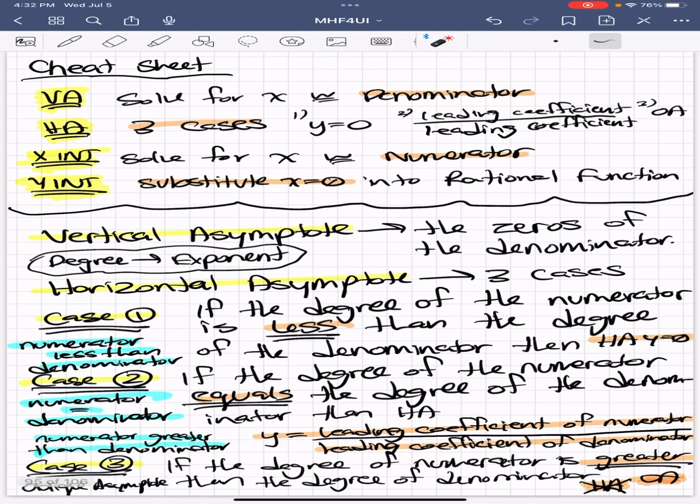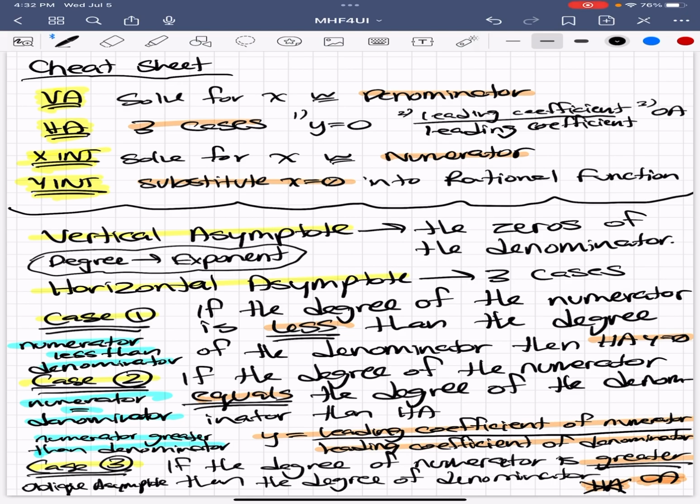So first we have a cheat sheet. This is how you solve for the VA and the HA and the x-intercept and the y-intercept. For the vertical asymptote, you solve for x with the denominator of the rational function.